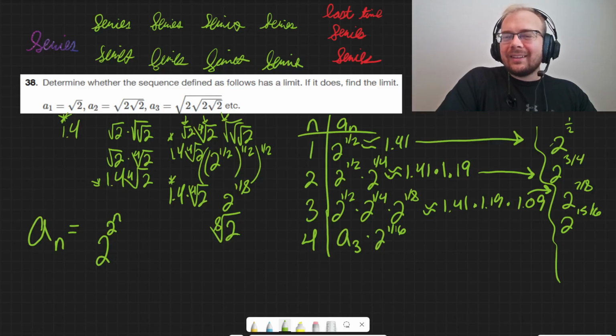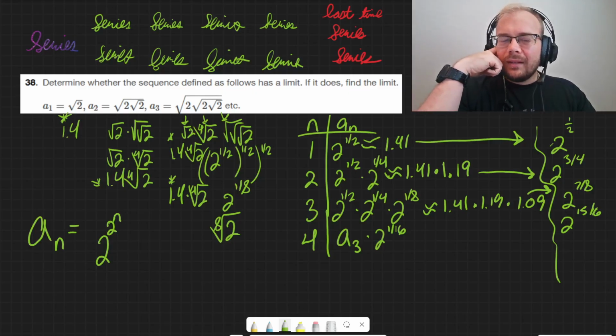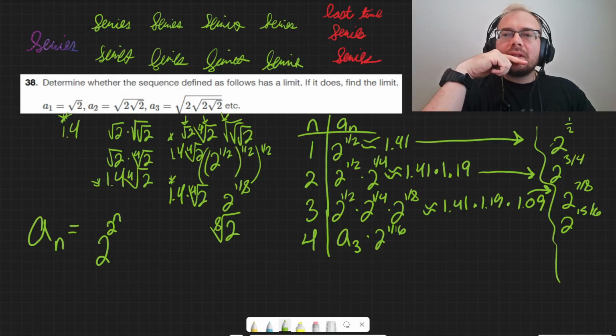That looks like that'll work because then when n is 1, I have just 2 squared. Oh, but 2 squared would be 4. Dang it. Then n is 2, and then I'd have 2 squared is 4, and then it'd be 2 to the 4th power is 16. So I went from 4 to 16.